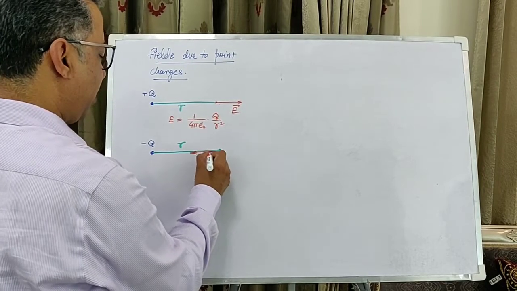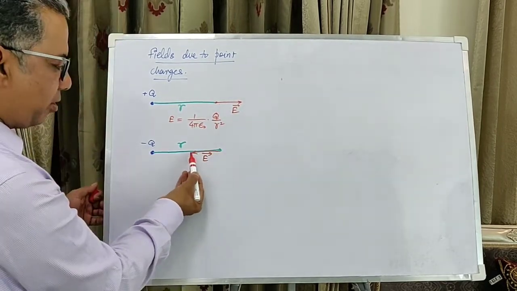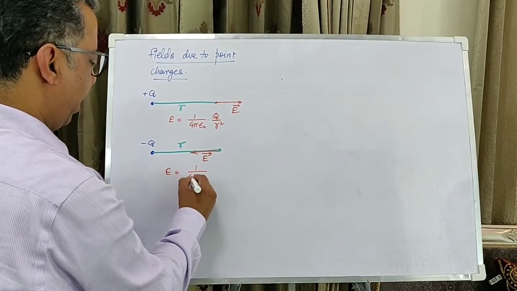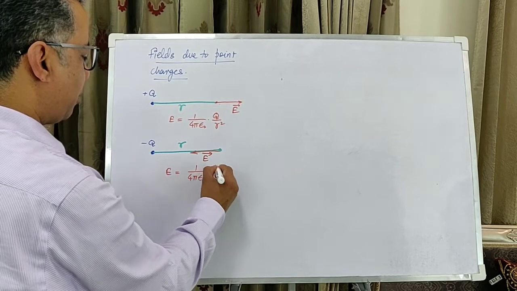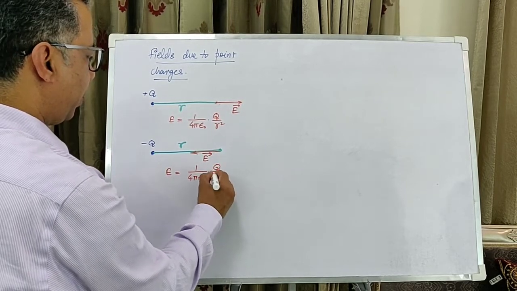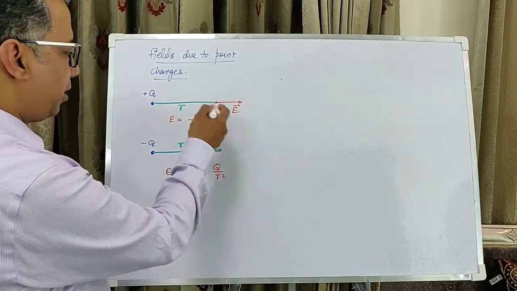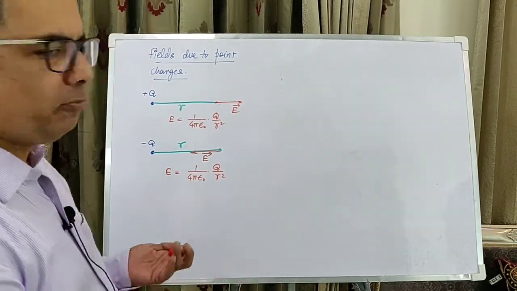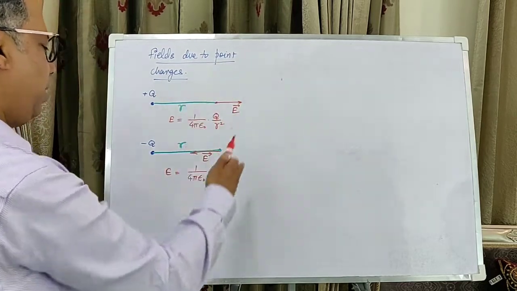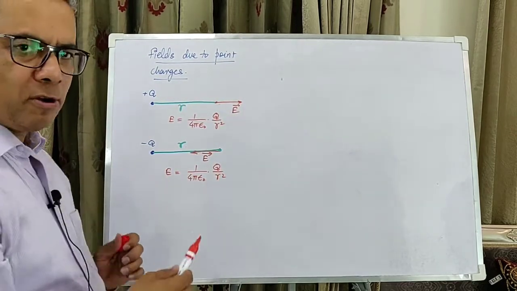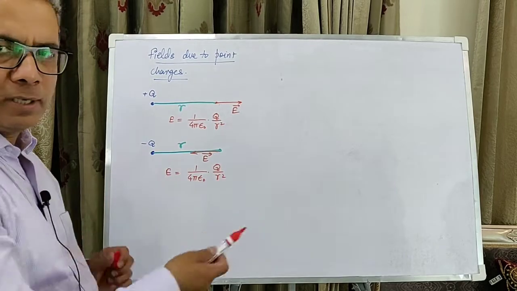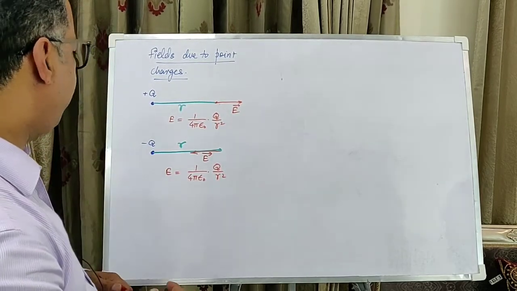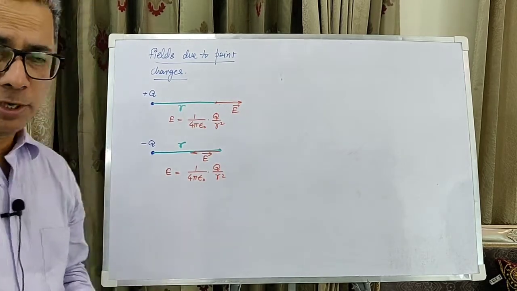The magnitude, of course, is still the same, 1 by 4 pi epsilon naught q by r square. Of course, these are results for the net electric field in vacuum. If in place of vacuum we had some material medium, then in place of epsilon naught we'll have epsilon naught times epsilon r. These are the electric fields due to individual point charges.